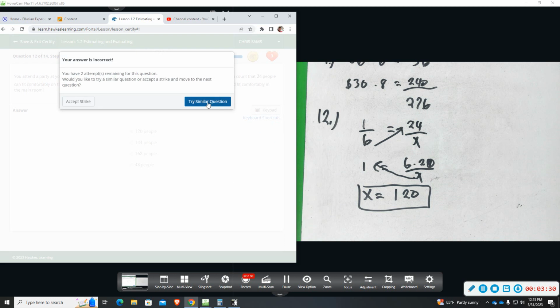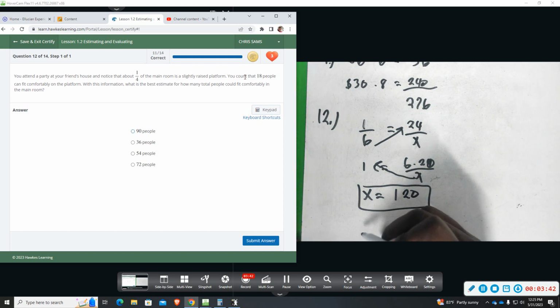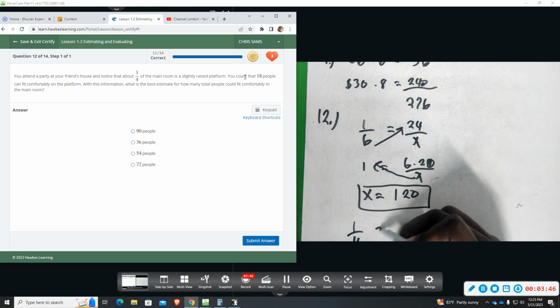They don't like it, try similar. So 1/4 is 18. So that's 20. 1 out of 4, let's just say is equivalent to 20. If I multiply by 4, it's going to give me 80.